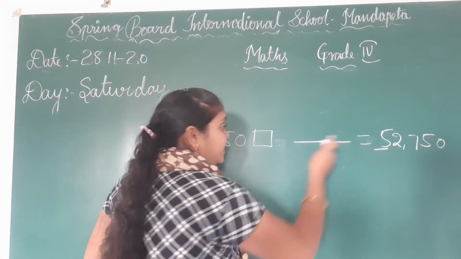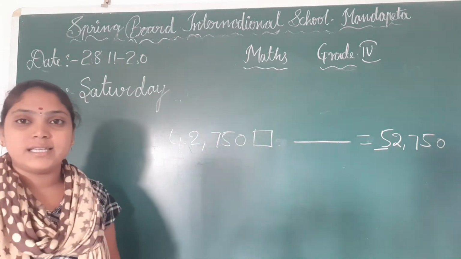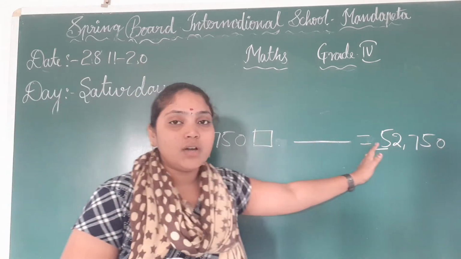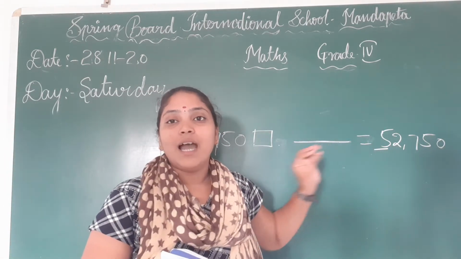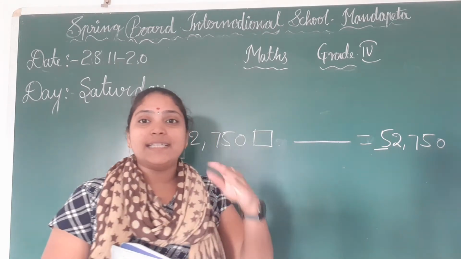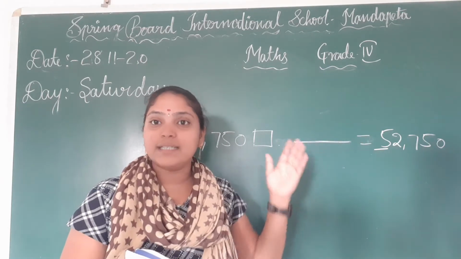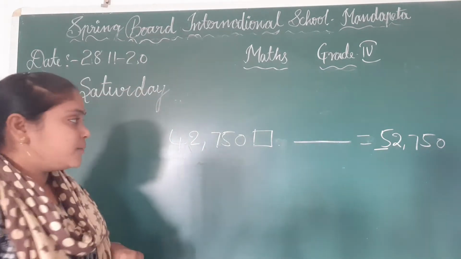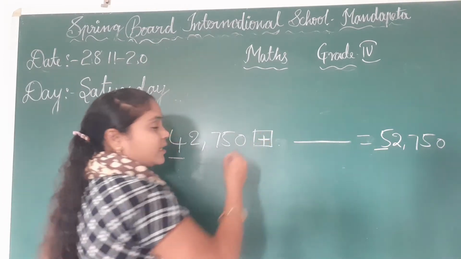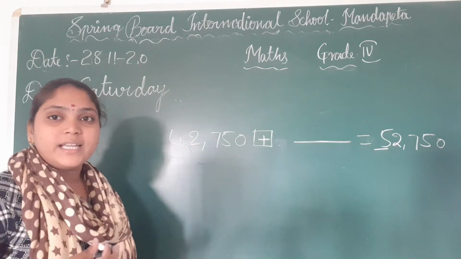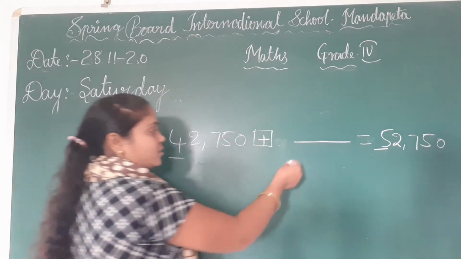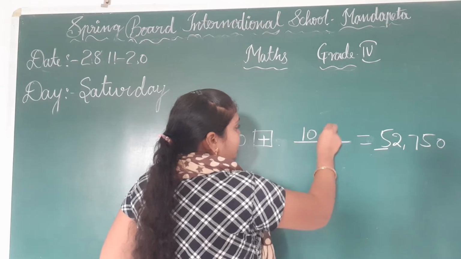You have to check whether it increases or decreases. Here 4 and here 5, means it increases, means it is addition. Increase means addition. Decrease means subtraction. So you have to add 10,000.